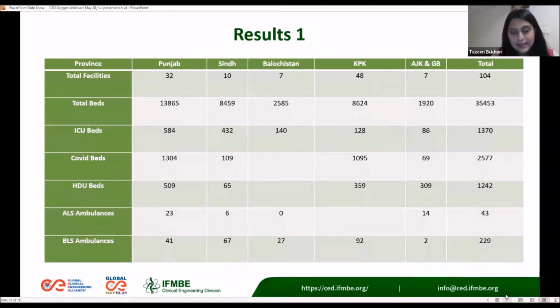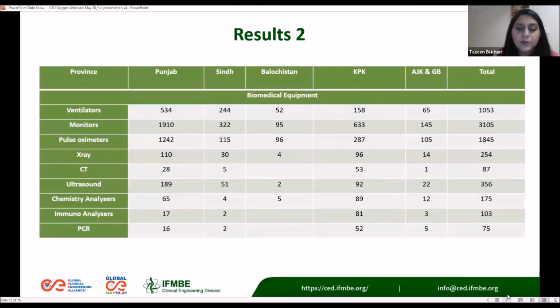So the previous slide was the data representation. What we did was we took all this data and presented it for every province, and then added that data and made a country-level presentation as well. The main things were the basic info: how many beds, ICU beds, HDU beds, all of that. Then there were oxygen systems. Do you have a medical gas pipeline? How many cylinders do you use?